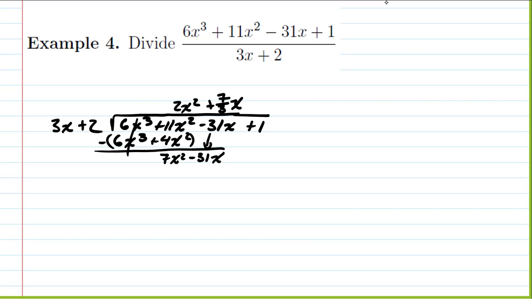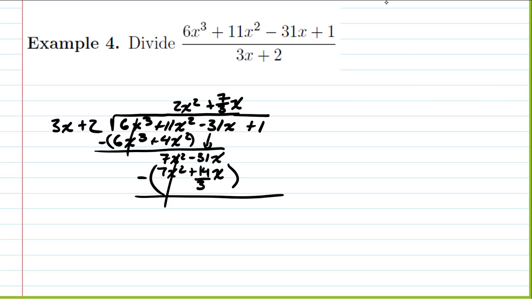So then 7/3 x times 3x gives us 7x squared, and 7/3 x times 2 is going to give us 14/3 x. And then we have to subtract.